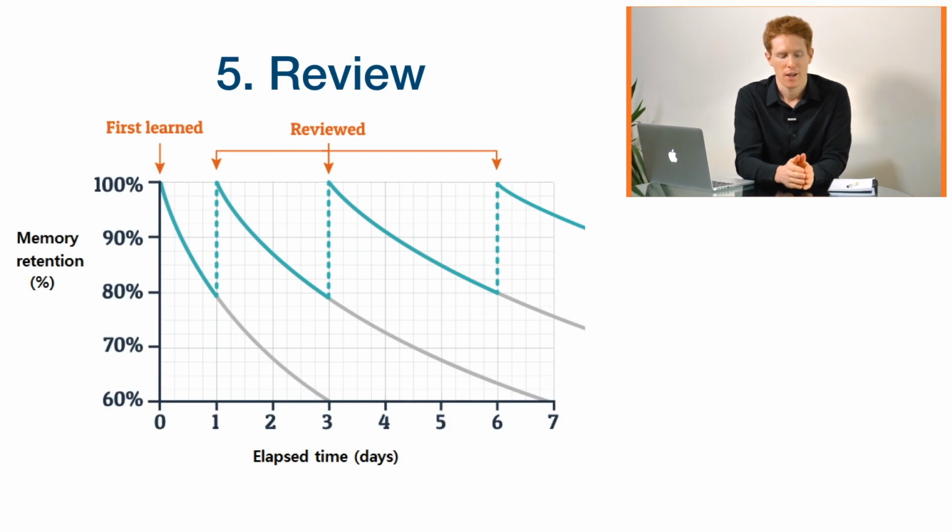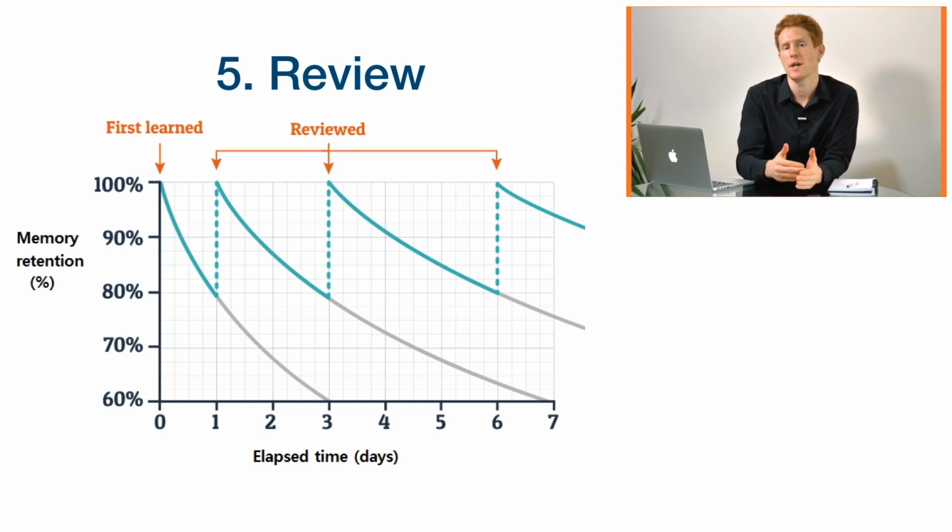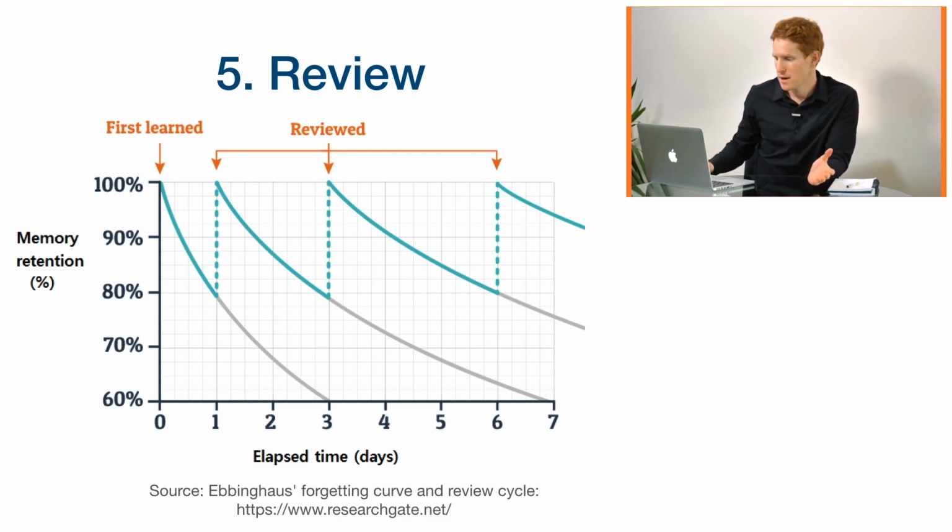Now again, over time you're going to forget, but this time even more time. It will take even more time before you begin to forget it. So that means that we need to space out the time that we revise that vocabulary. You can find out more about this by looking at Ebbinghaus's forgetting curve and review cycle.